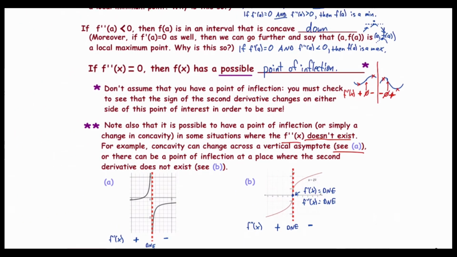All right, I think that's all we have to say about that in this graph. So just know, look for the second derivative to help guide you in terms of identifying local maximums, local minimums, and points of inflection.